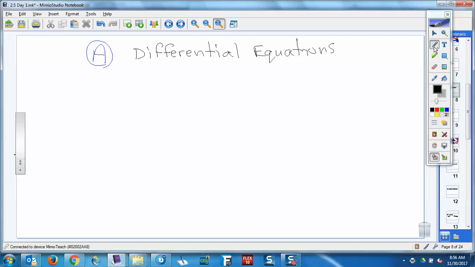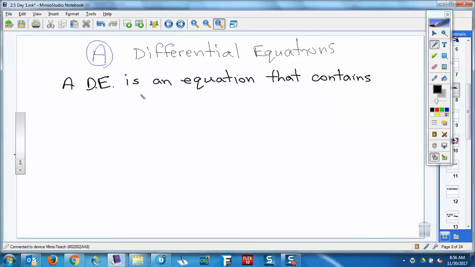All right. So, differential equation. What is a differential equation? First of all, a lot of times we abbreviate it DE. A differential equation is an equation that contains derivatives. The word differential is related to derivatives.